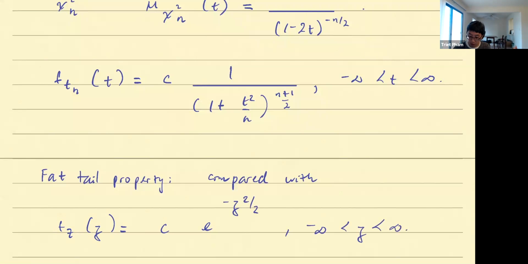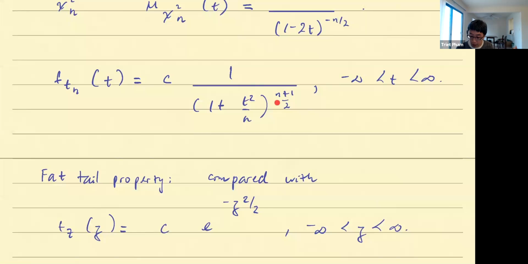Okay. So comparing these two graphs, is it clear that this graph decays more slowly than this graph, for any fixed n? Yes, because this is exponential decay, while this is like a polynomial decay.